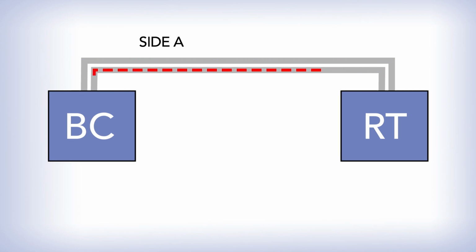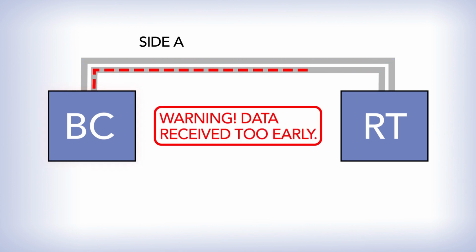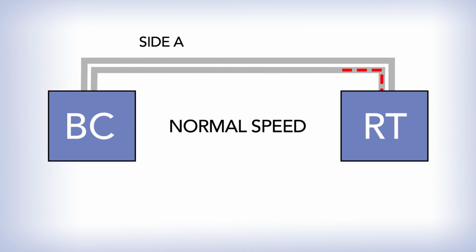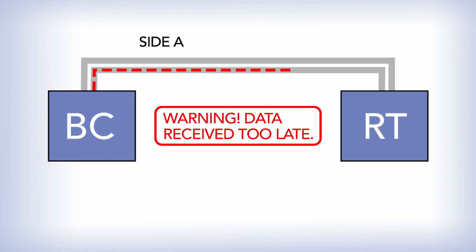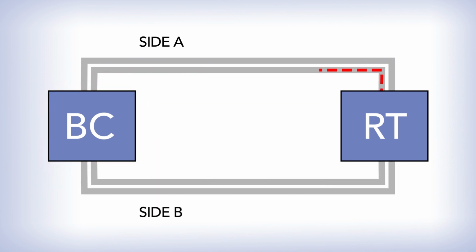You can use our 1553 I/O board to stop communications on one side of the bus or the other. Ensure that the reply from the RT is early. Ensure that the reply from an RT is late. Force the reply to be on the wrong side of the bus.